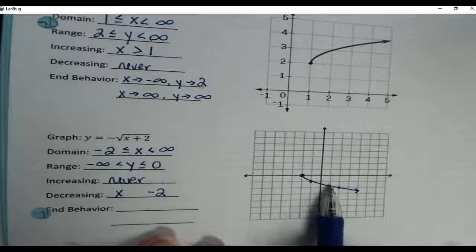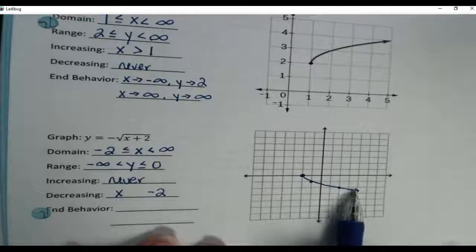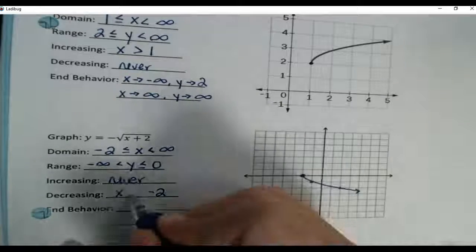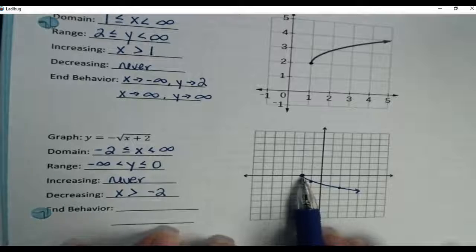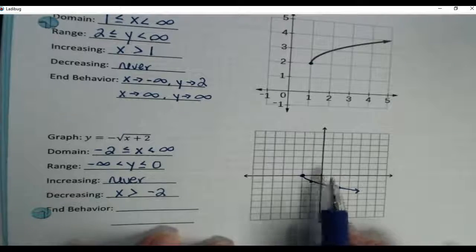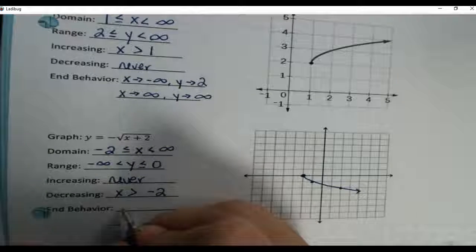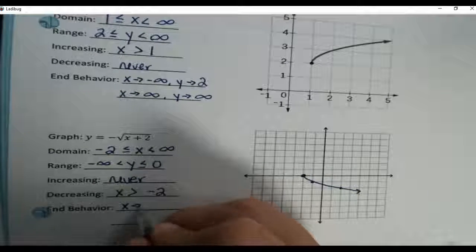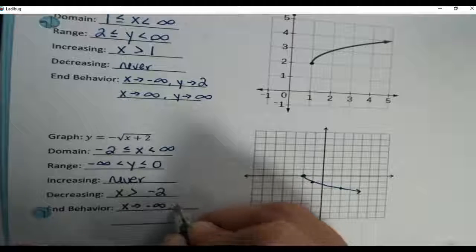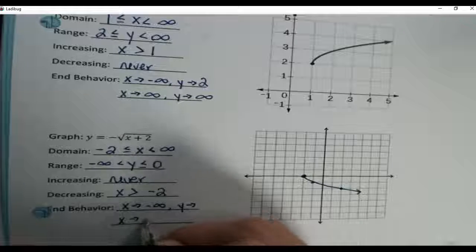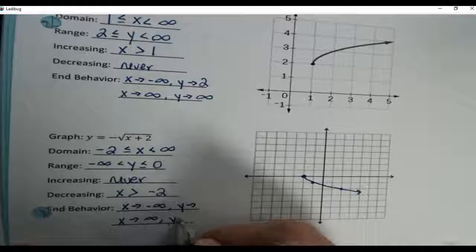So my x value is getting bigger or smaller? My y's are getting smaller, but my x's are getting bigger. Good. So if I look here, my next one is negative 1, 0, 1, 2, 3, 4. So my x's are getting bigger. Your y's are getting smaller because it's decreasing, but your x's are still getting bigger. Good. Alright, so then in behavior, you always say as x goes to negative infinity, y goes to something. And as x goes to positive infinity, y goes to something.